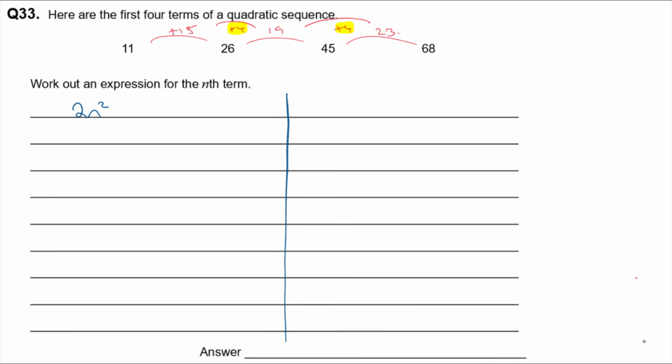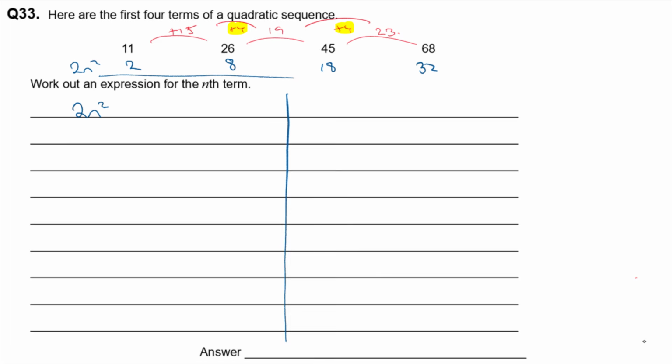So if you think about 2n squared for the first 4 terms, when n is 1, 1 squared is 1 times 2 is 2, 2 squared is 4 times 2 is 8, 3 squared is 9 times 2 is 18, and 4 squared is 16 times 2 is 32.